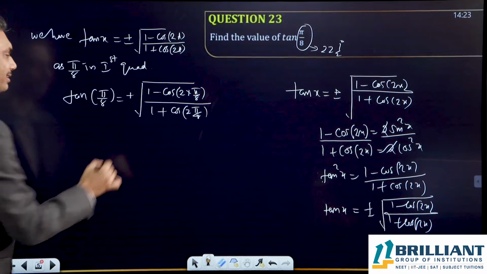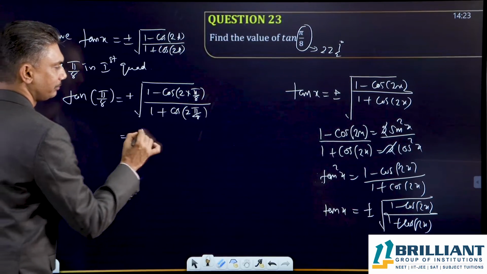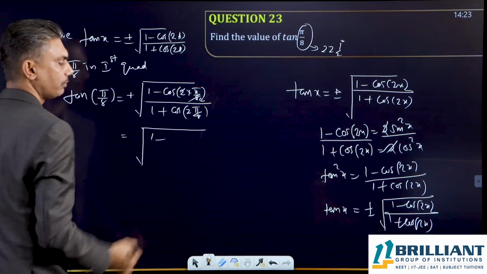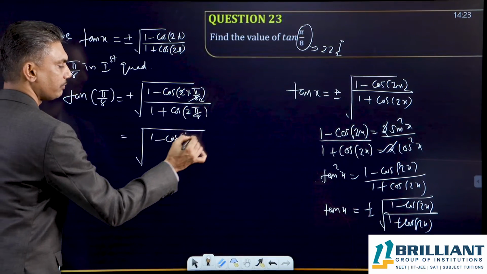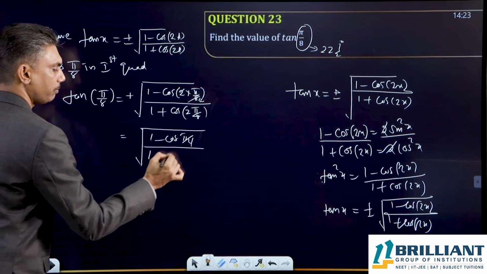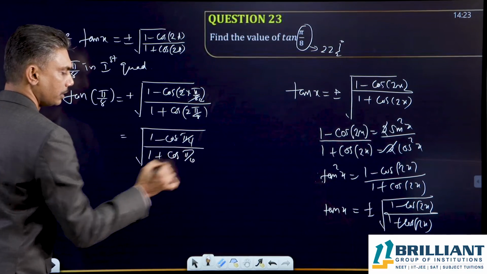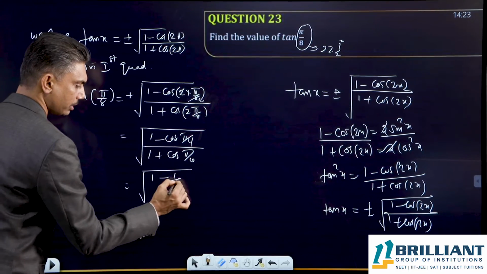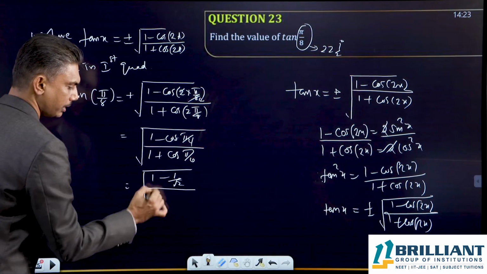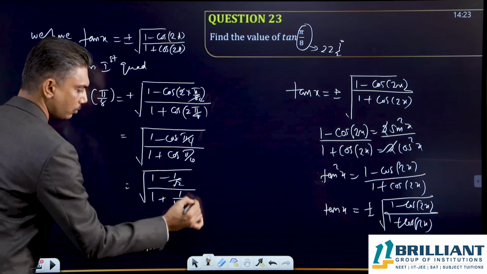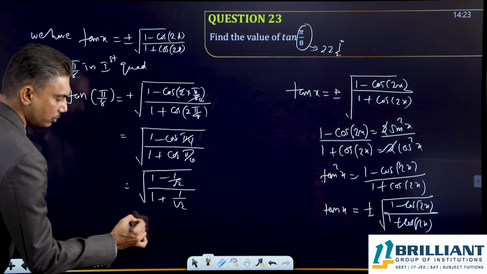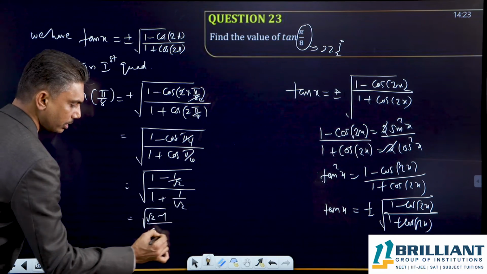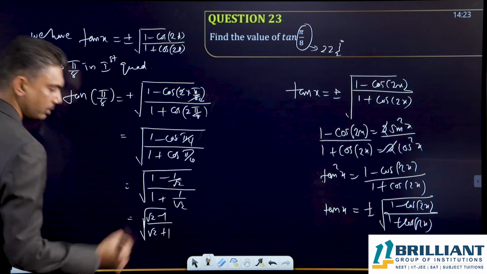One line will get the answer. That is equal to root of 1 minus cos pi by 4 by 1 plus cos pi by 4. That is root of 1 minus 1 by root 2 by 1 plus 1 by root 2. That is equal to, if you take LCM, root of root 2 minus 1 by root 2 plus 1.